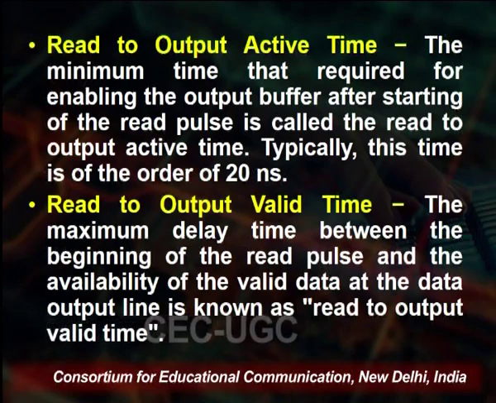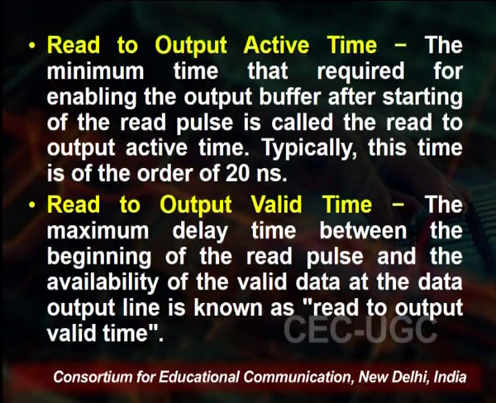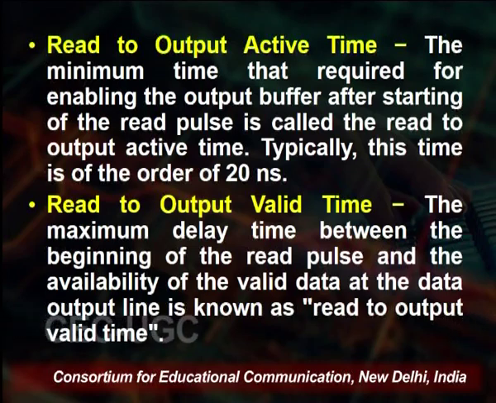Next is the read to output valid time, the minimum delay between the beginning of the read pulse and the availability of valid data at the data output line. These are the basic terminologies that we will use in memory devices.